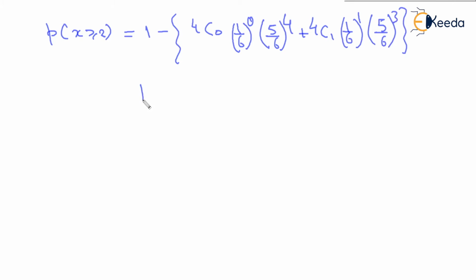This is going to be 1 minus, 6 to the power 4 is anyways there. This term is going to be 625, 4C0 is 1 and 4C1 is 4, plus this term is going to be 500, and this value is going to be 0.1319.